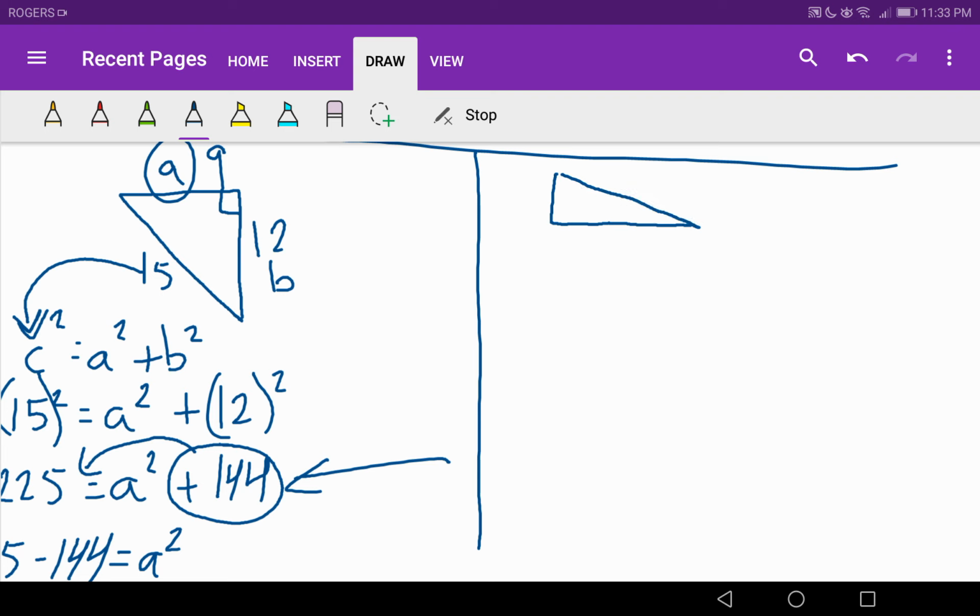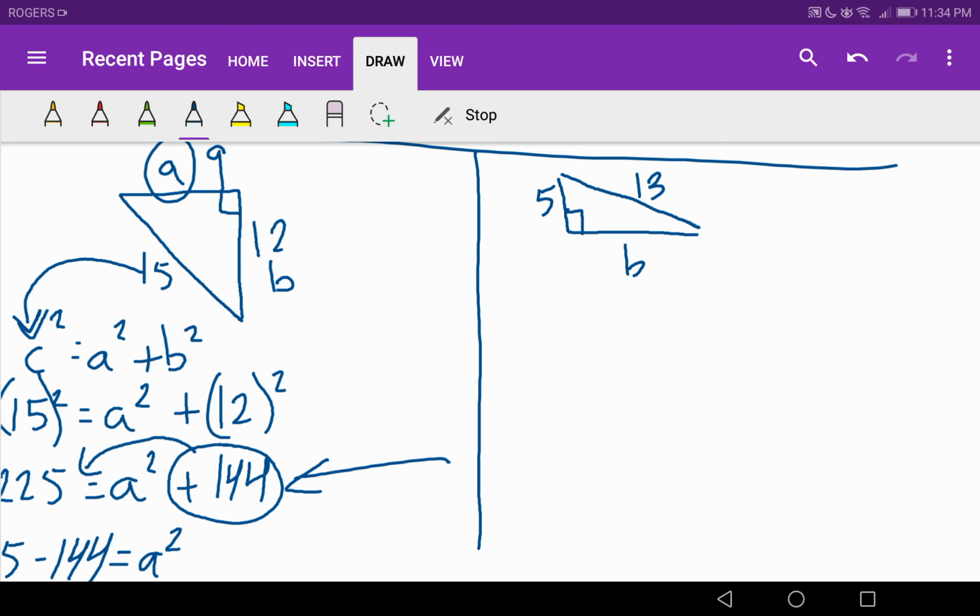Let's call this just B, it's unknown. Let's call this 5, and let's call this 13. So it's the exact same triangle that we did in the first example.